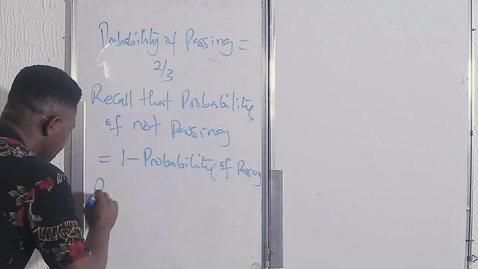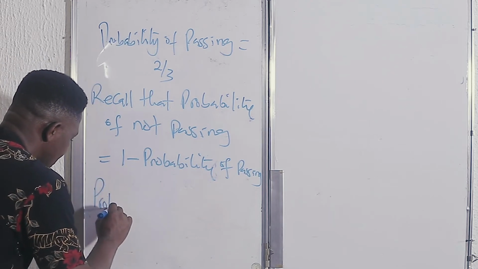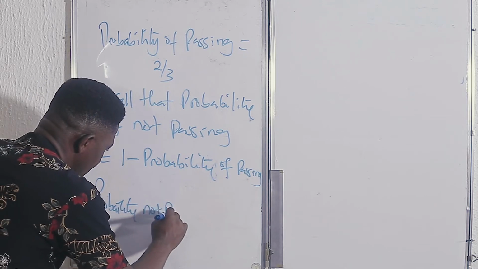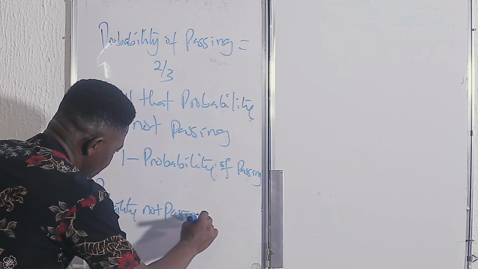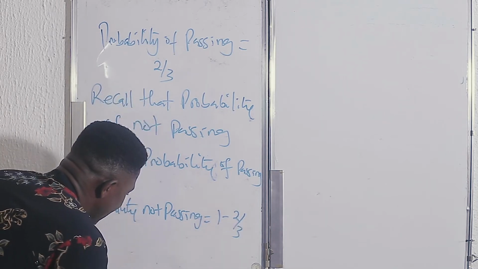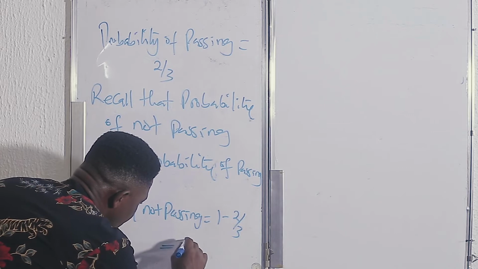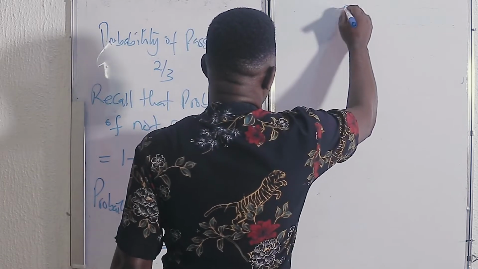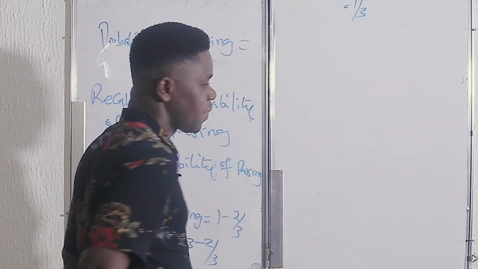So probability of not passing is 1 minus 2 all over 3. 1 minus 2 over 3 is equal to 3 minus 2 all over 3, and that will be 1 all over 3.